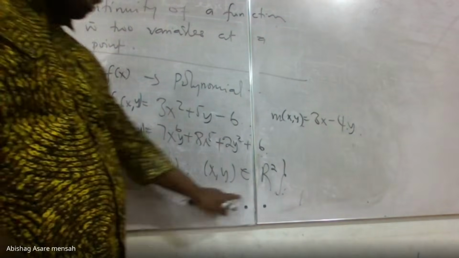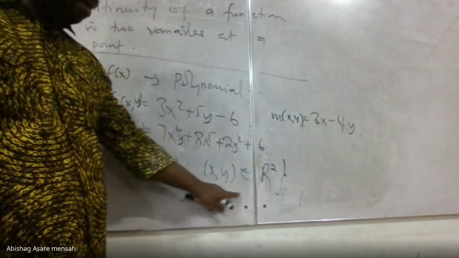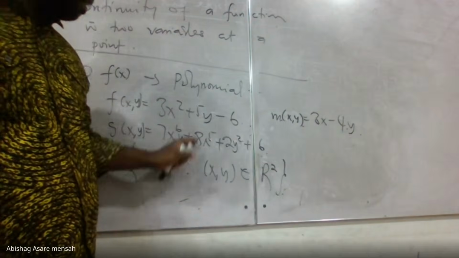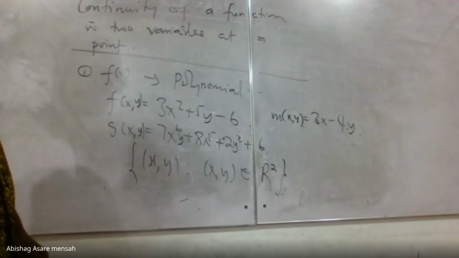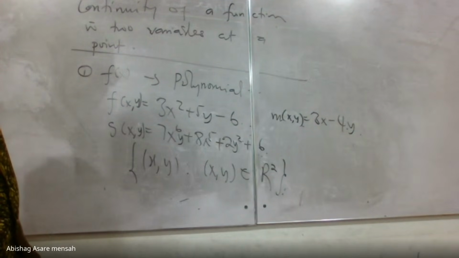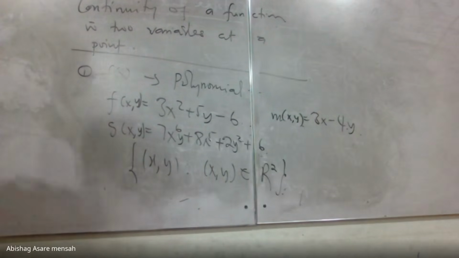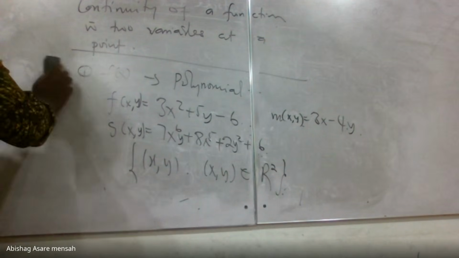So that's the meaning of this. You don't need to solve it. If you are asked to find the points where this curve is continuous, you don't need to solve it. Just write that the function is continuous on all real numbers. Okay, so that's point one.